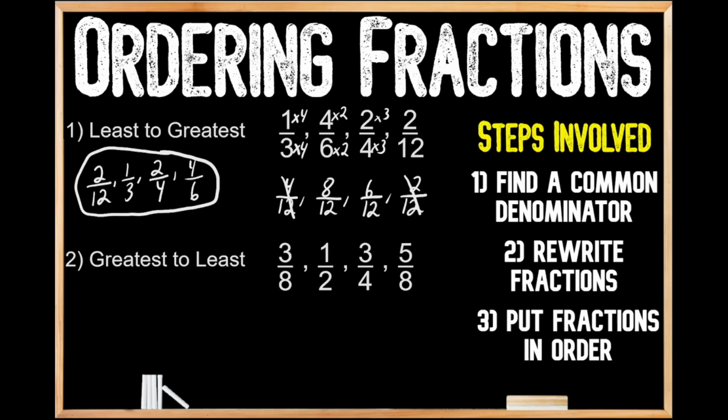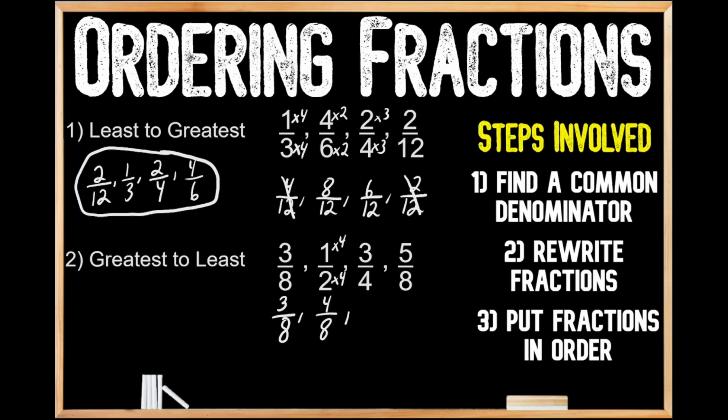Since this fraction already has a denominator of 8, we don't need to do anything to it, but we do need to rewrite this fraction here because we needed to multiply 2 times 4 in order to get our new denominator of 8. So we need to do the same thing for our numerator up top, and when we multiply 1 times 4, we get 4.